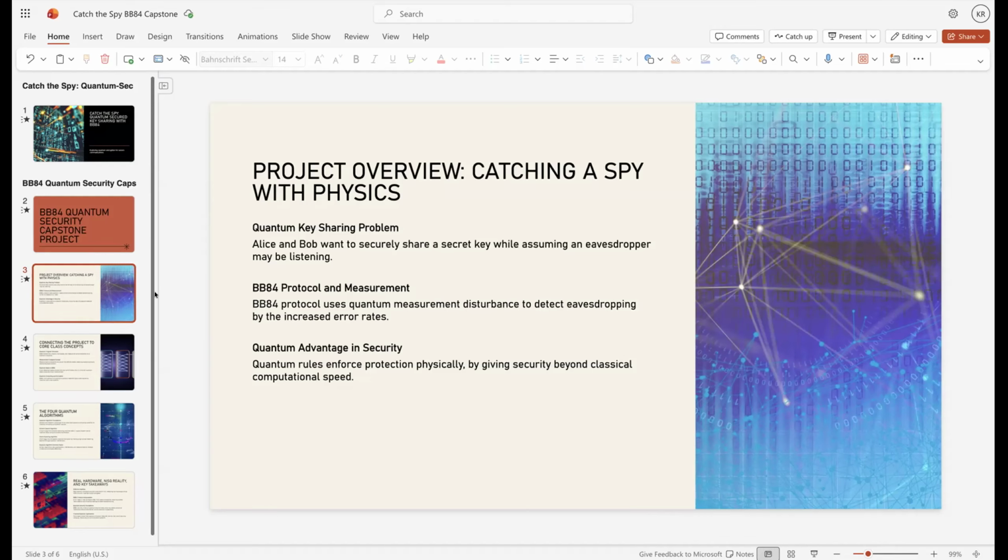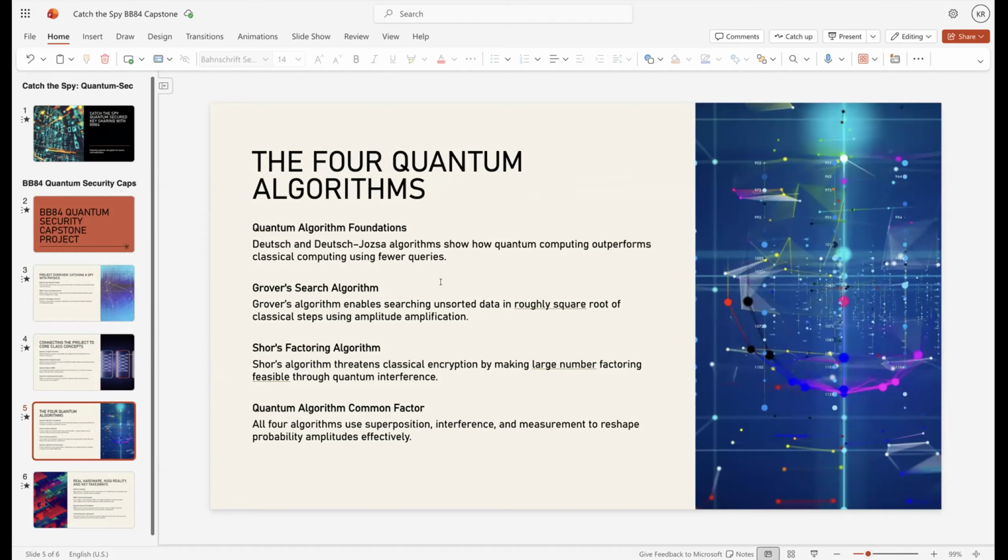So let me skip to this slide. I ran the four algorithms that you had shown us, and something I found in common was that all four algorithms used superposition and then interference to get a probability, which was just amplitude squared, which was then manipulated to get a specific answer.